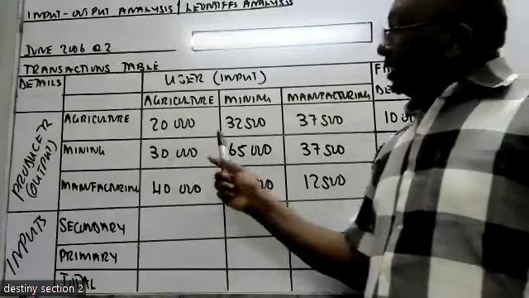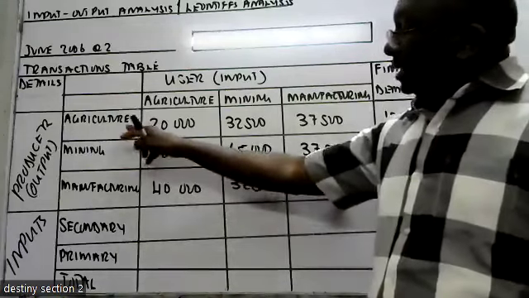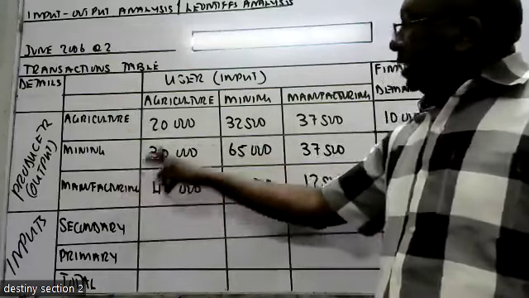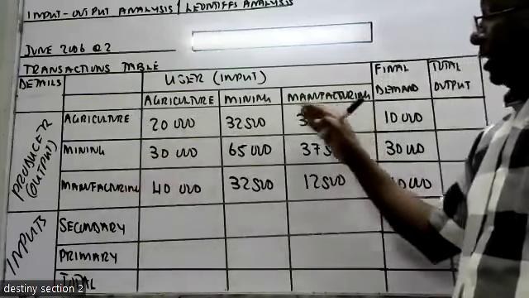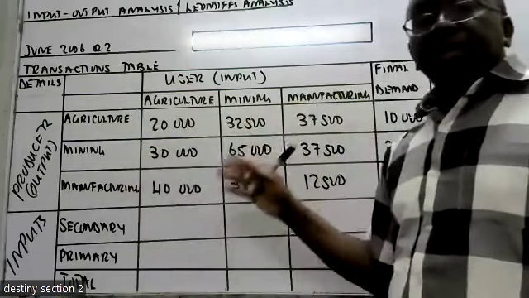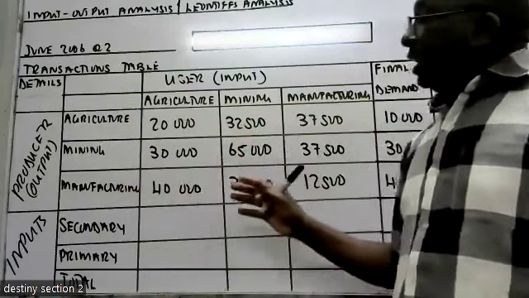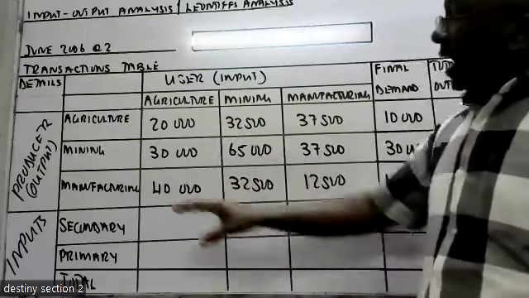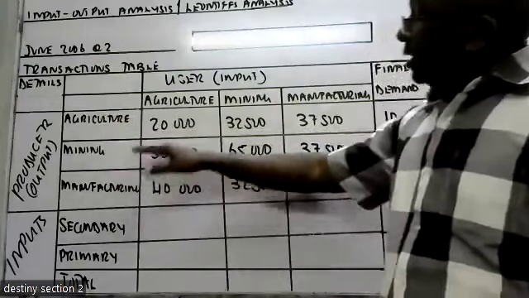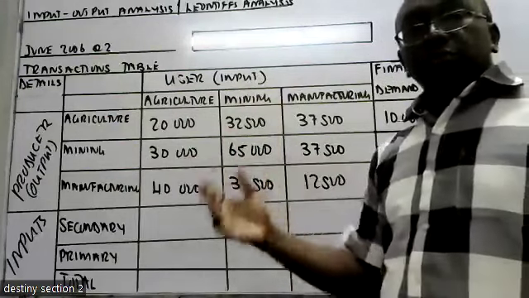Now, when you are interpreting this table, this square matrix of agriculture, mining, manufacturing, this part shows what we call the intermediate demand, also called intersectoral demand. It is the demand of the output from these sectors that is used by the same sectors to produce more.